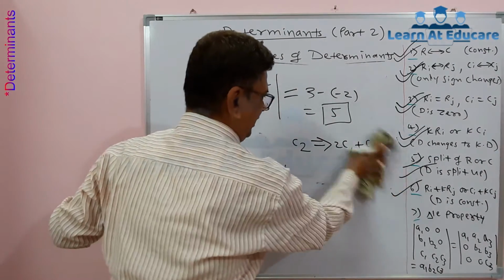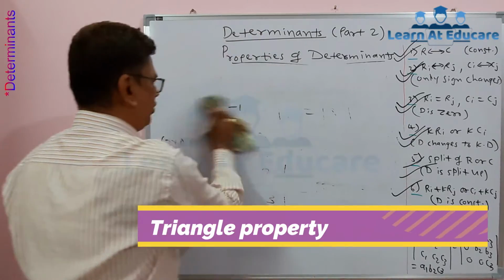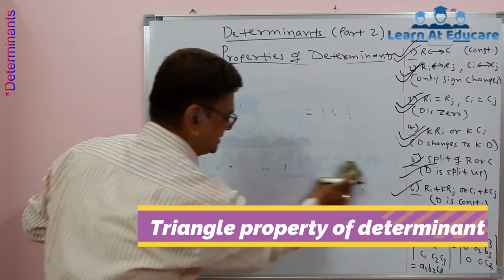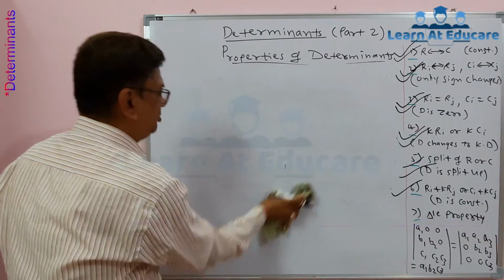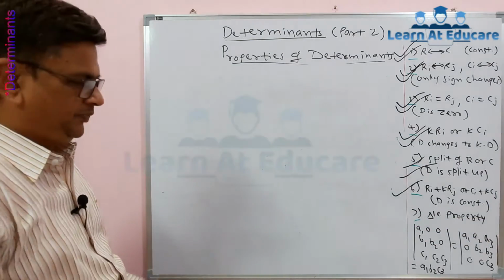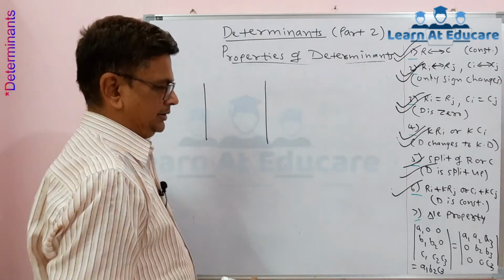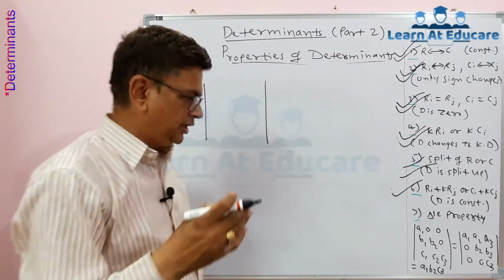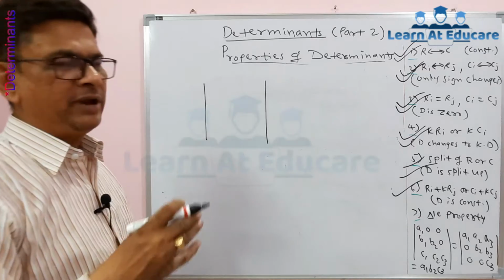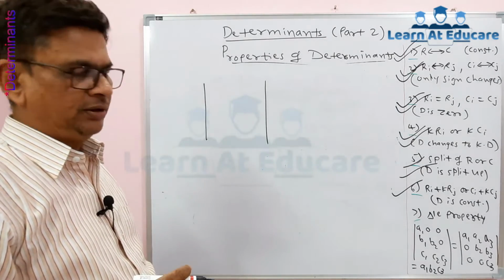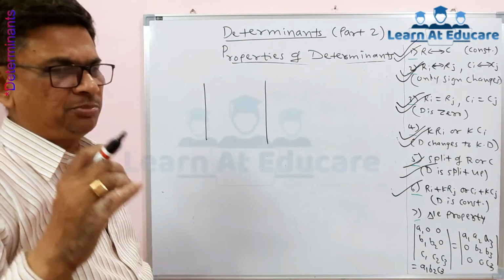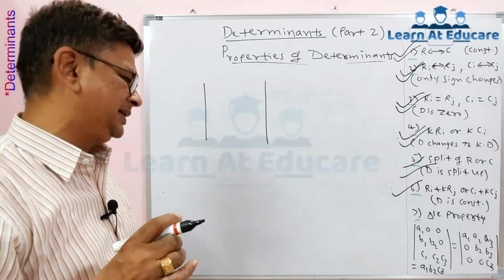The last property is called the triangle property, and it is something like this. Triangle property of a determinant. If the determinant has its elements above the diagonal 0 or elements below the diagonal 0, then the value of the determinant is equal to the product of the diagonal elements.